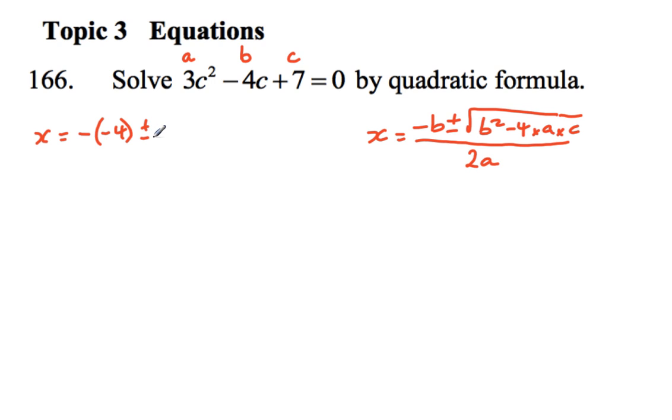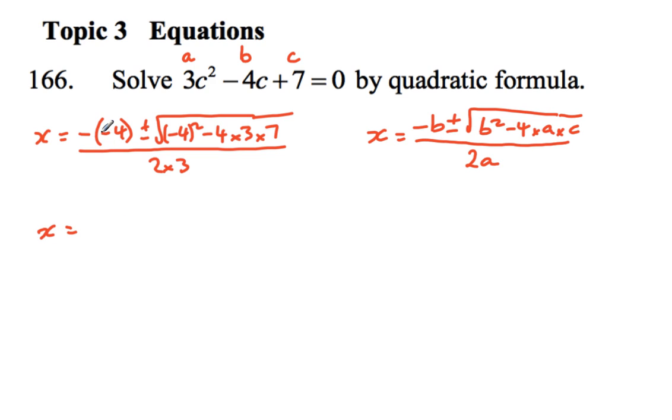Plus or minus the square root of b squared, so you've got minus 4 squared, careful with the substitution there, minus 4 lots of a, which is 3, times 7, which is c, all over 2a, which is 2 times 3 in this case. So x equals, we get 4 when we do minus a minus, plus or minus.